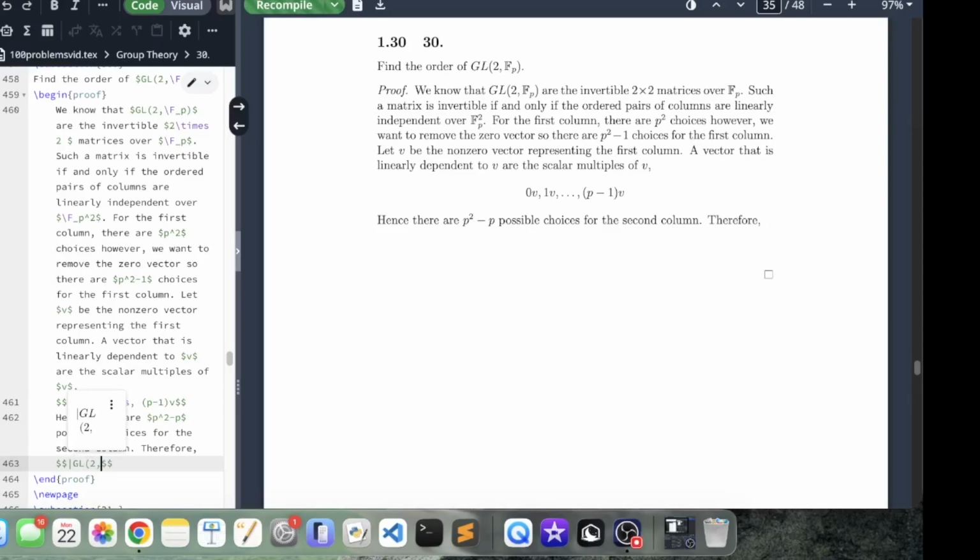So the order of GL2(F_p) is equal to (p squared minus 1) times (p squared minus p), where p squared minus 1 is the possible elements of F_p squared without the 0 vector for the first column, and the second column is every possible element from F_p squared, but we remove the linearly dependent vectors, which there are only p possible scalar multiples of the first column, and we get this order.